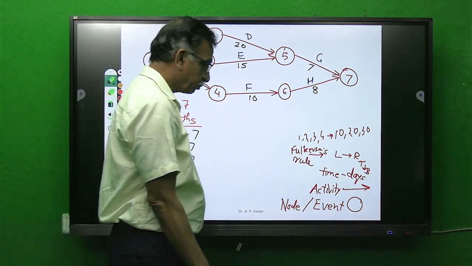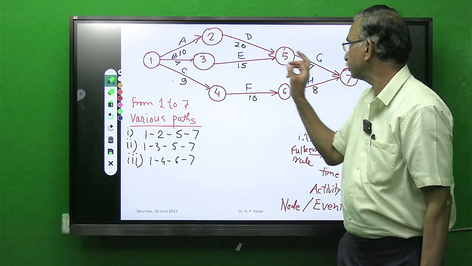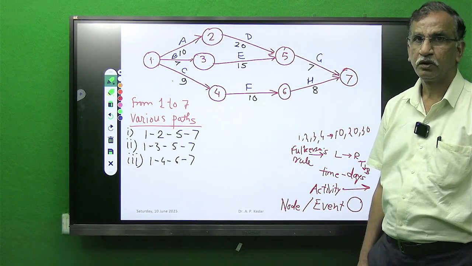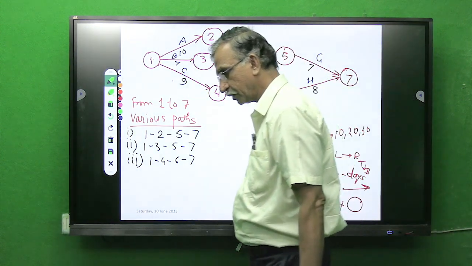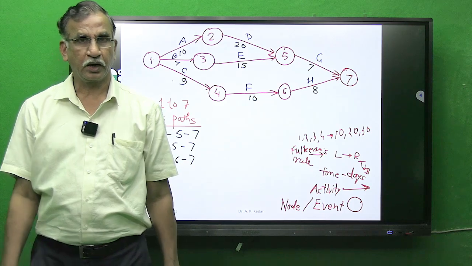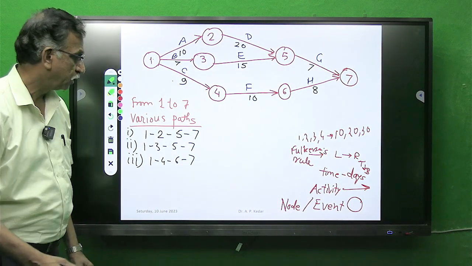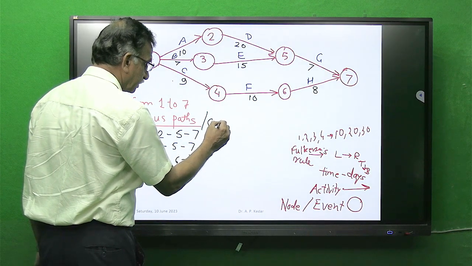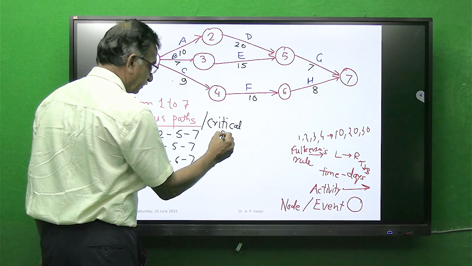So these are the various paths available to reach from 1 to 7. We are not interested in all these paths. Of these, we want the path which is, as per yesterday's discussion, the critical path.